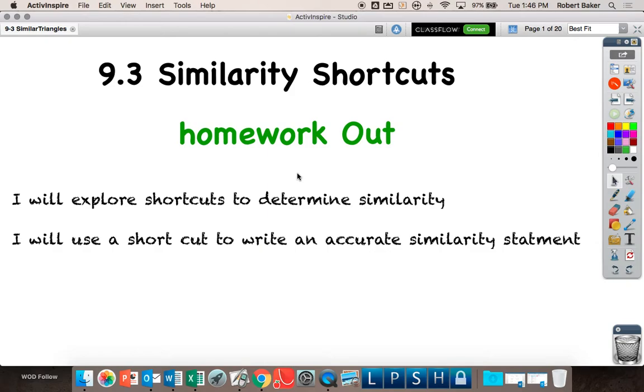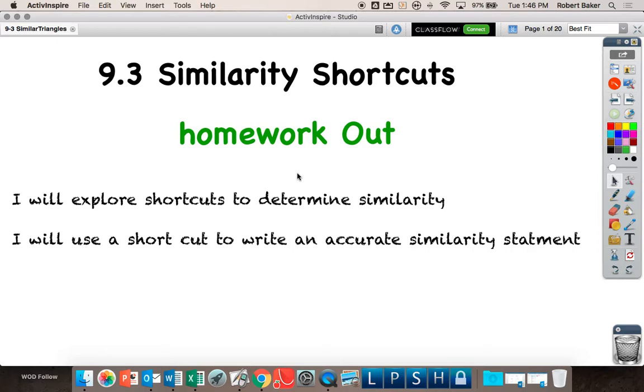So instead of doing all four sides are proportional and all four angles are equal, we have shortcuts. Do you remember the shortcuts that we did back when we were proving congruence? There were 4 of them.